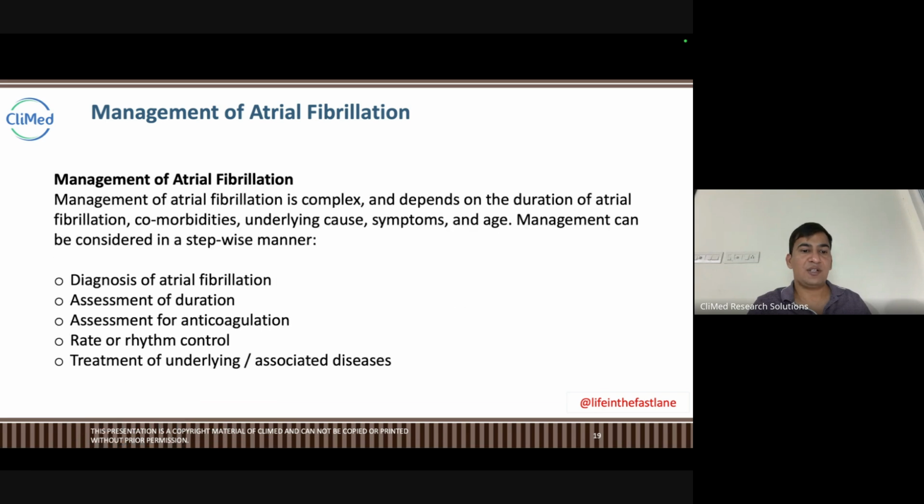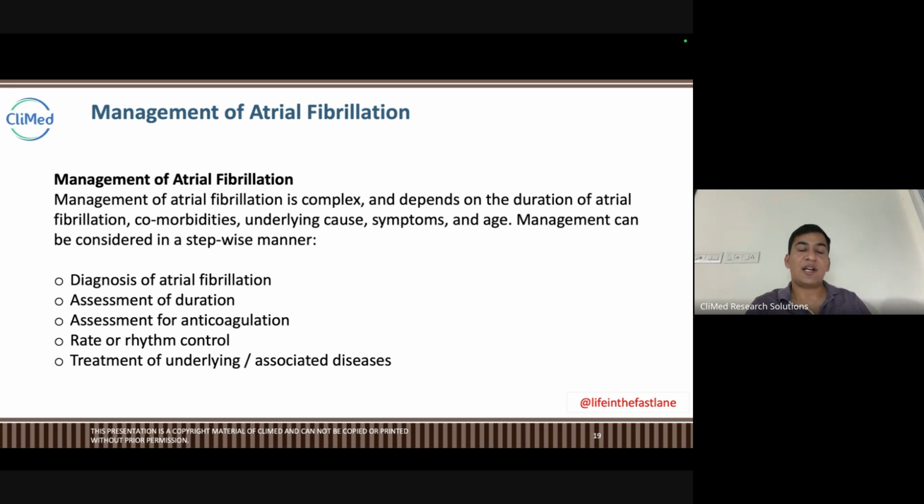Management of atrial fibrillation is definitely very important. First you have to diagnose the proper type, assess the duration, and assess whether anticoagulation has been given or not, because it can lead to thrombus formation. It can lead to stroke, myocardial infarction, many thrombus-related problems. So anticoagulation is definitely part of the treatment.